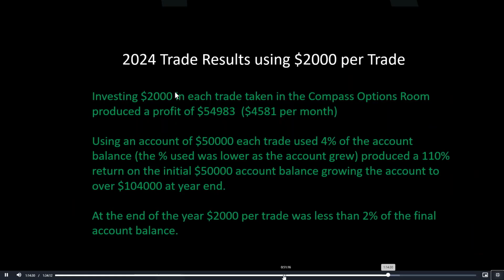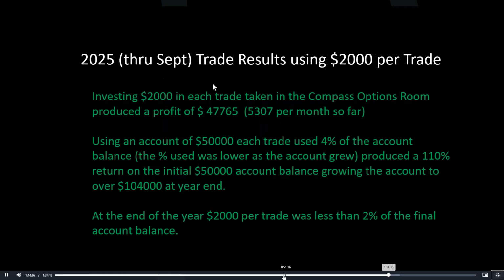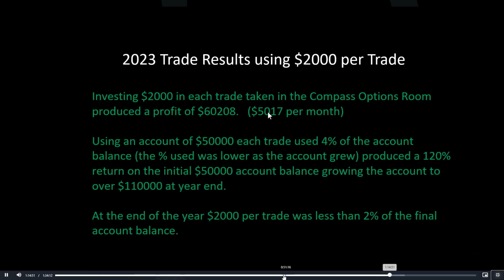If you've got a trending market, it's going to be a lot better than on non-trending markets. 2025, this is up so far through September, 47.7. Again, this is the best monthly rate so far of all the years we've done. It's about 53.07 again versus 45.81 in 5,017.